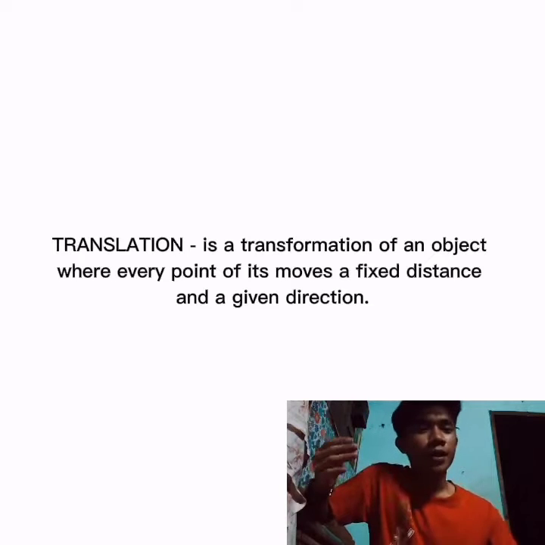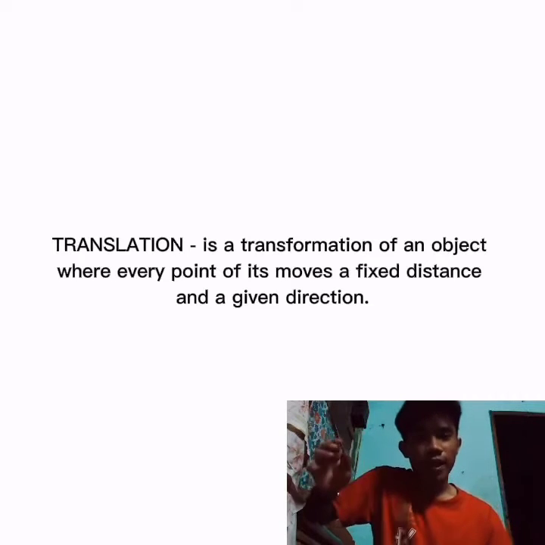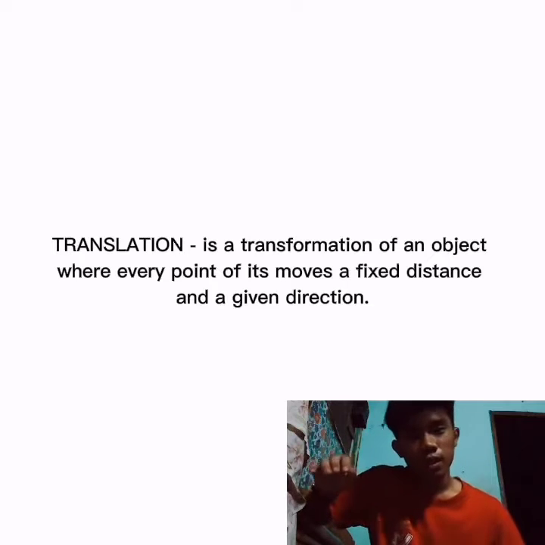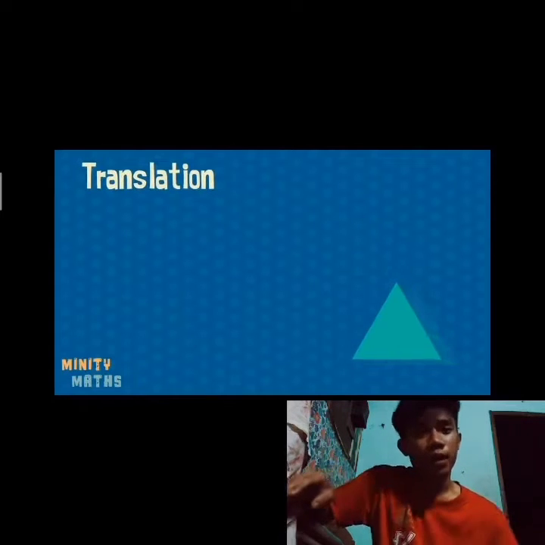So in other words, translation changes the position, and the shape can be translated left, right, up, or down.